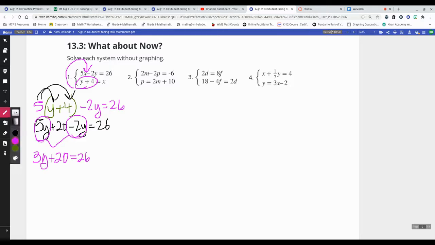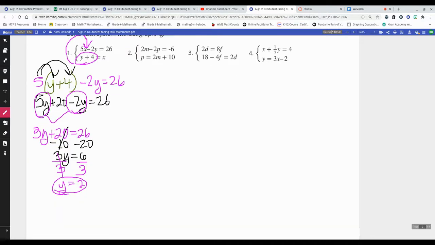Now subtract 20, subtract 20, 3y equals 6. To find y, divide by 3, divide by 3. y is equal to 2.